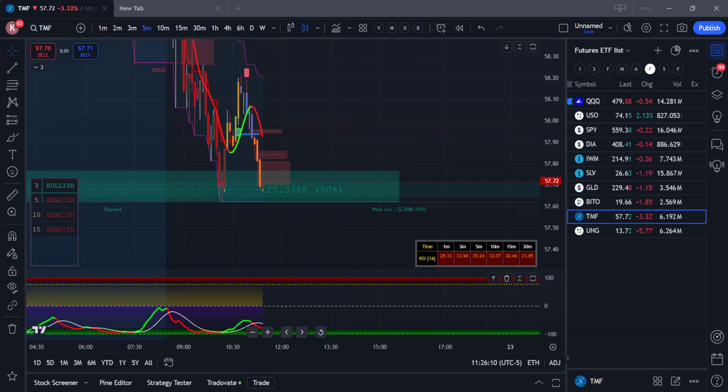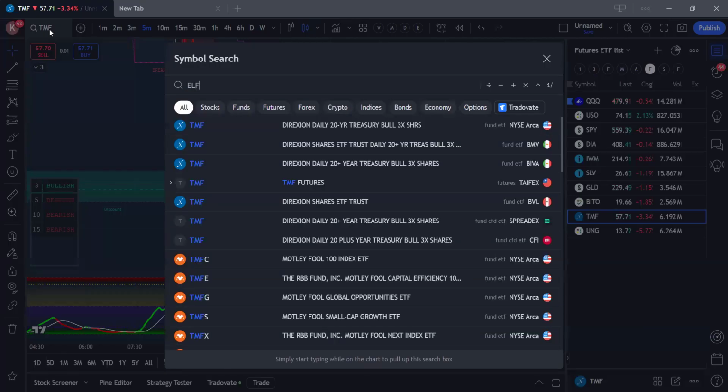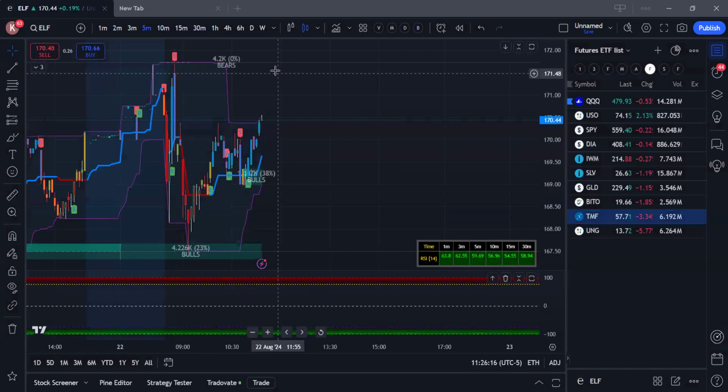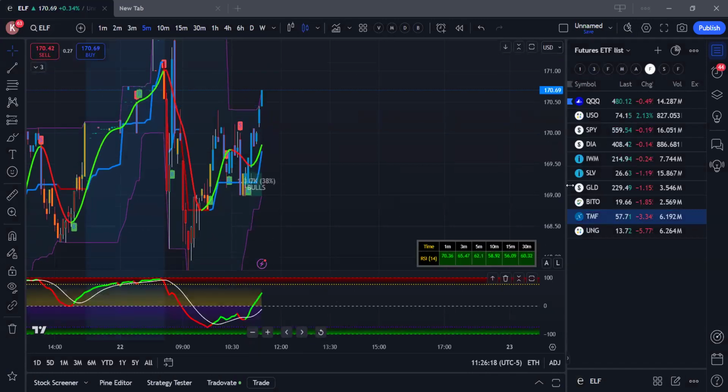ELF 170 call is making nice profits now. Right, we took ELF 170 call.